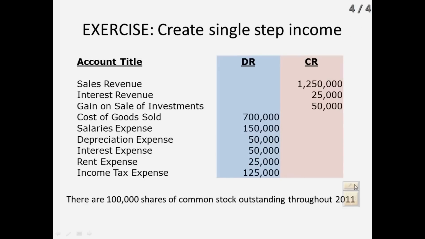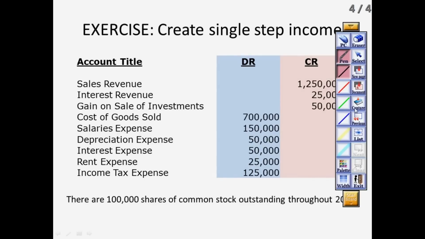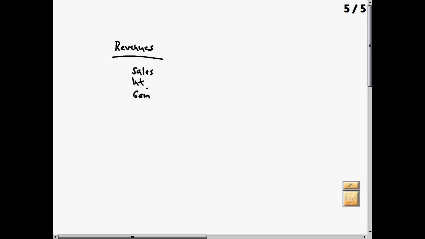Okay, since we're not agreeing, let's go through it. What are the revenues? There's sales, and what were sales? 12,500? Am I missing a zero?